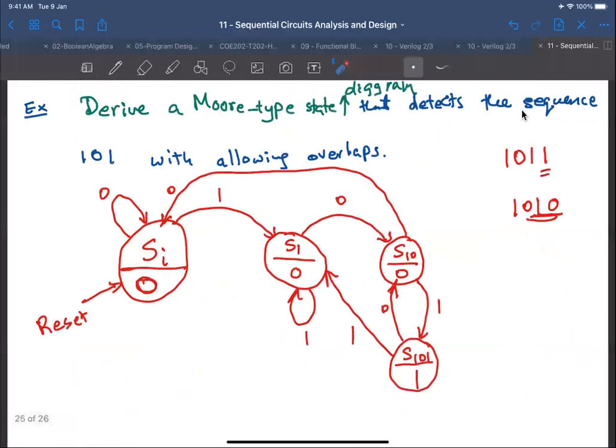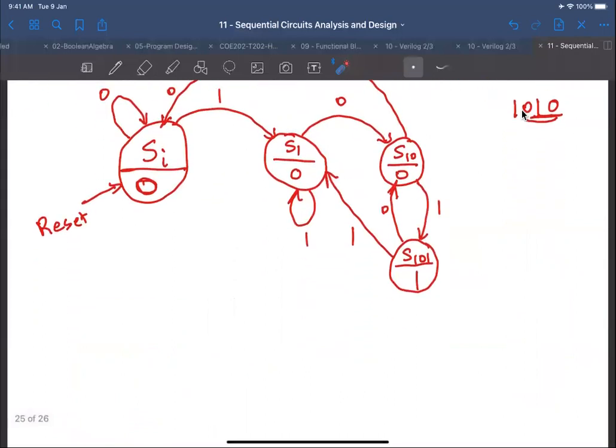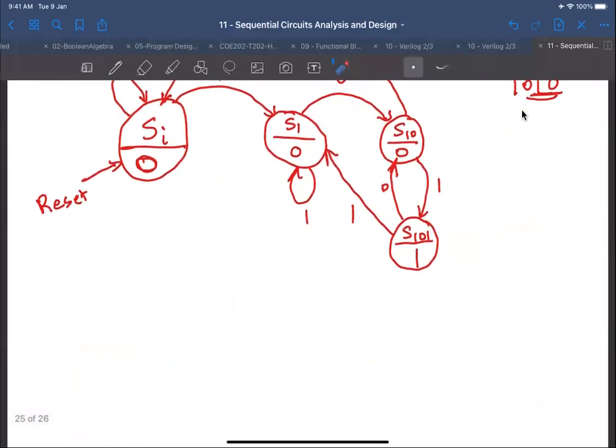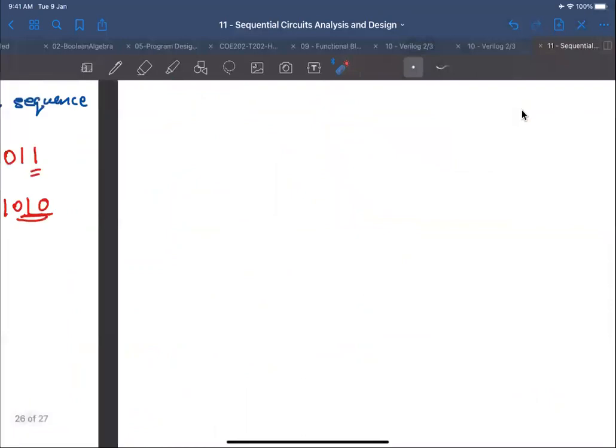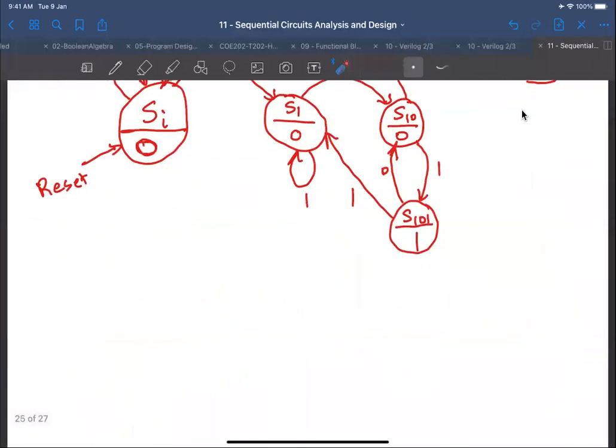Let me go back here and try the state assignment and then try to solve this. I'm going to solve this up to implementation because we still have time. Let me add the page here. So first of all, I will assign my states the normal binary numbers.